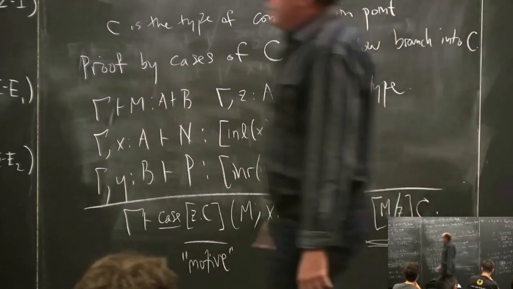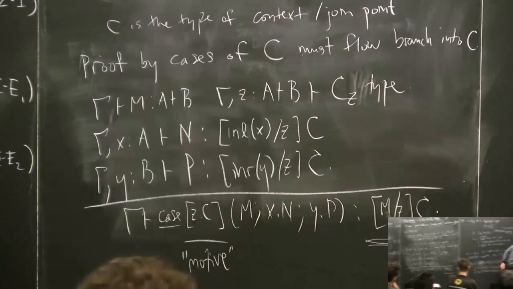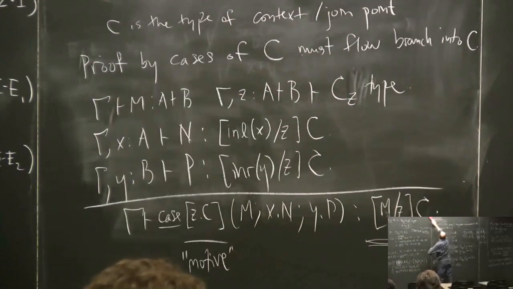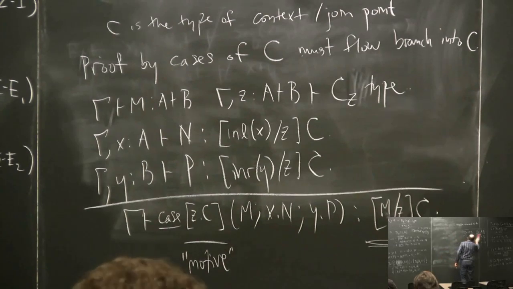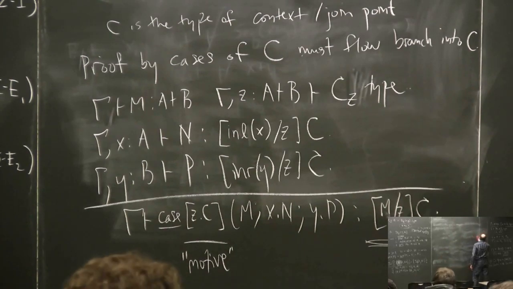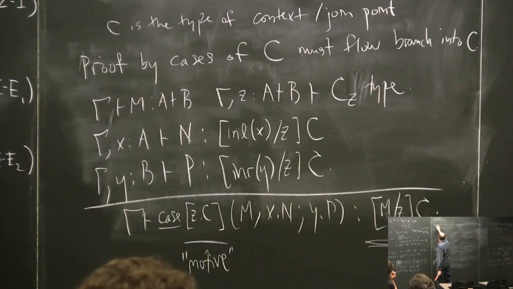So what happens is, unlike conventional programming languages, and the reason I bring this up is it's going to raise a question in your mind, let's look at the derived rule.